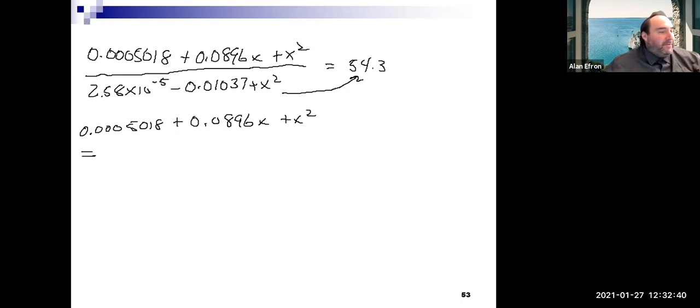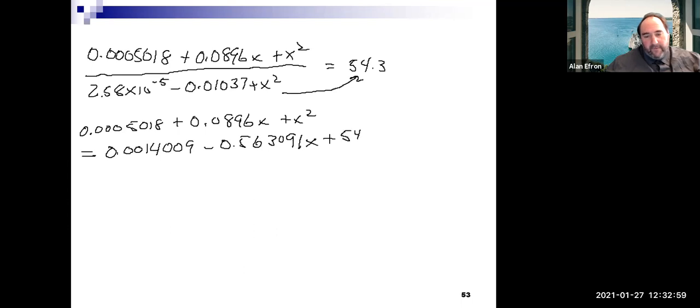When we multiply it to the other side, it looks like 0.0014009 minus 0.563091x plus 54.3x squared.